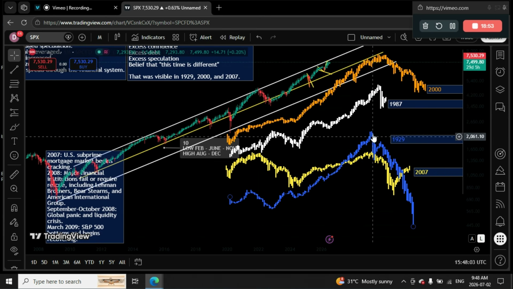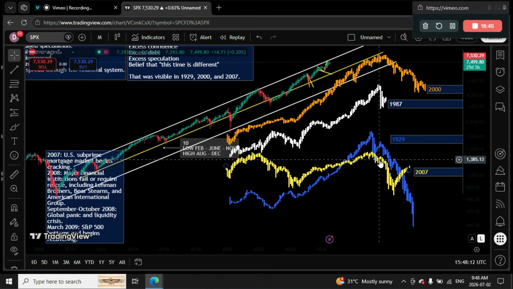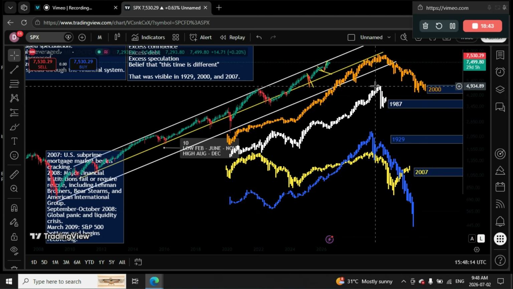In all of these campaigns, the time frames were the same before we started to see immense weakness in the market.